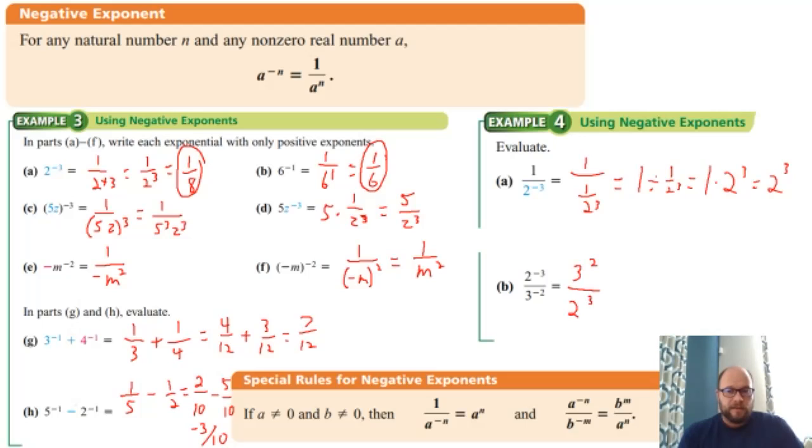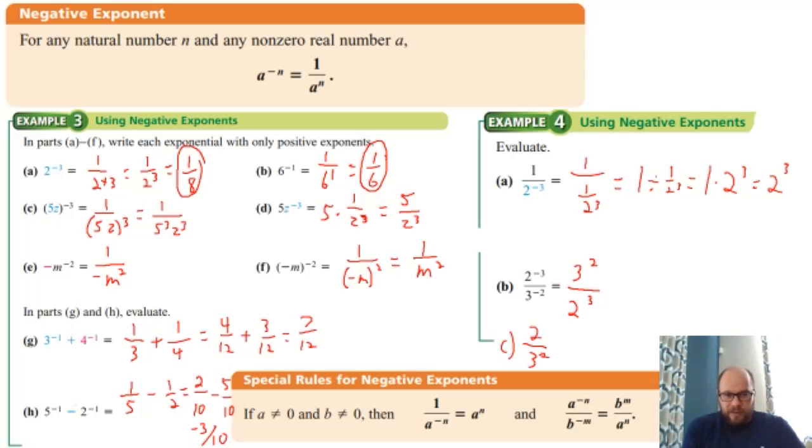Now, one example I did not see in the book that I want to make sure I mention is, let's say we didn't have a negative on each of these. So I'm going to add an extra example here. We have, let's say, 2 still on top, and we still had 3 down here to the negative second power.